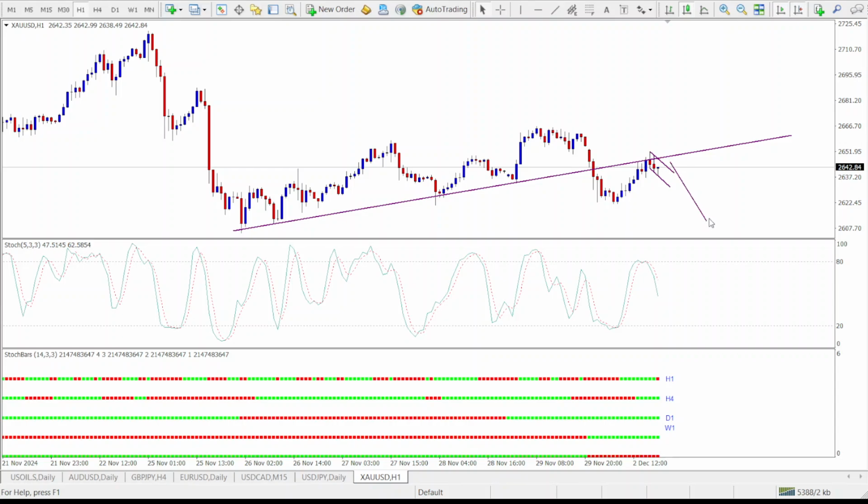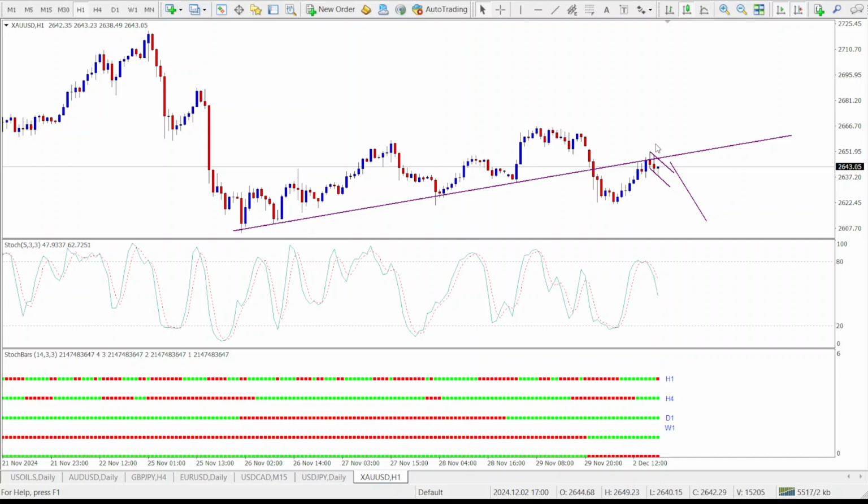So if you trade breakouts, you can see that the 4TF Stochastic Bars Indicator has given us a signal on the 1 hour chart that a bearish move is probably imminent after this retest has happened, right? So you can enter a sell after you have confirmed your sell signal.